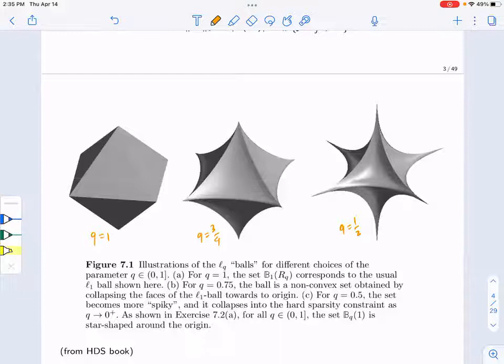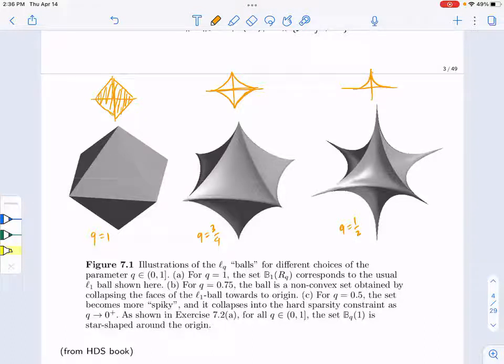So, it's easier to actually do it in 2 dimensions. So this would be a 2-dimensional version of the L1 norm. This is the unit ball of the L1 norm. It's hard to plot, but this is the unit ball of the other one, and this is the unit ball of the other one.